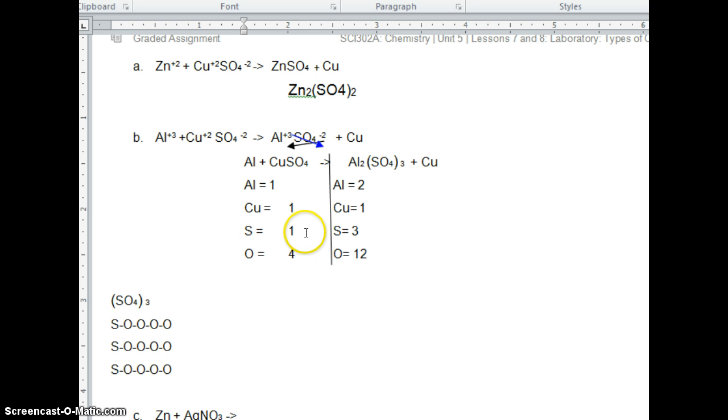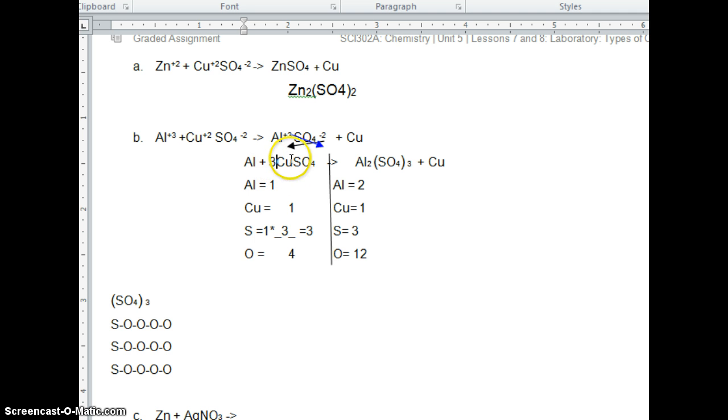All right, so let's start with sulfur. So sulfur on this side has 1, on this side there's 3. So 1 times what is going to give us the 3 that we want? Well, it's going to be 3, right? Okay, so we're going to put a 3 right here. Now we have to distribute this 3.